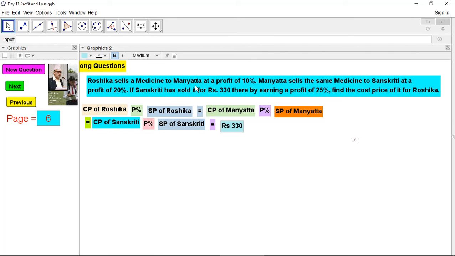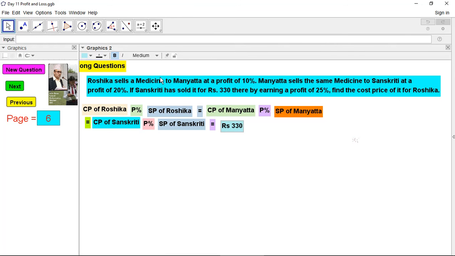First, who is the first character? Roshika. And this 10% is the profit percent of Roshika. To Roshika's cost price she will add profit percent and sell, and that will be the selling price of Roshika, which is equal to the cost price of Manyata, because Manyata bought from Roshika.